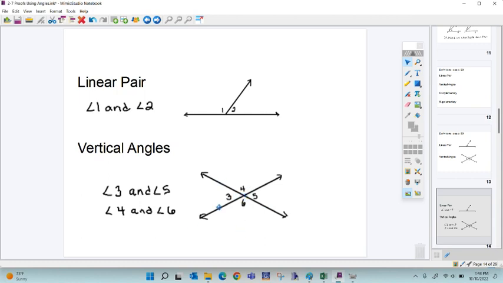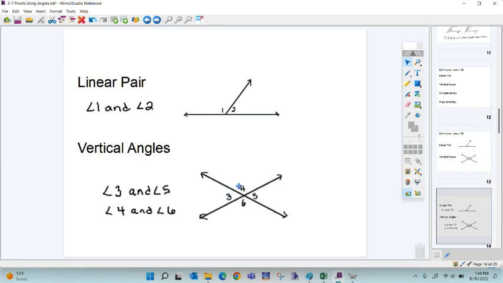They're the corners of the V's, if you want to think vertical. The corners of the V's actually meet each other, they're not next to each other, and they're formed by the same 2 lines. Linear pair, you have right next to each other, and together they make a line. There's actually a bunch of linear pairs in this drawing as well.